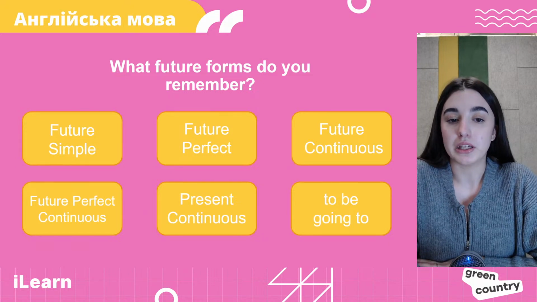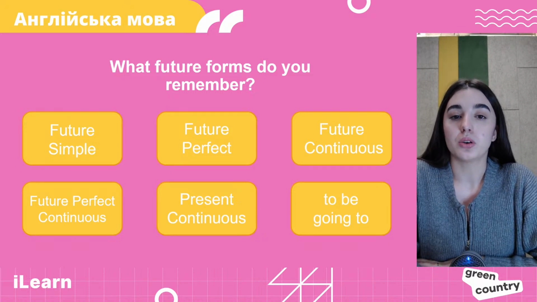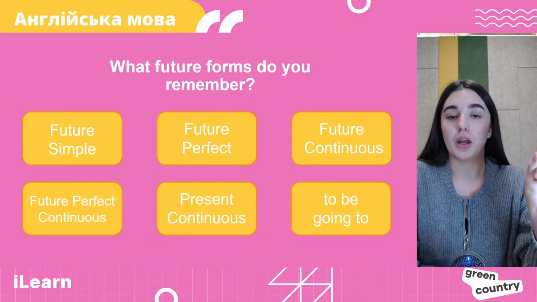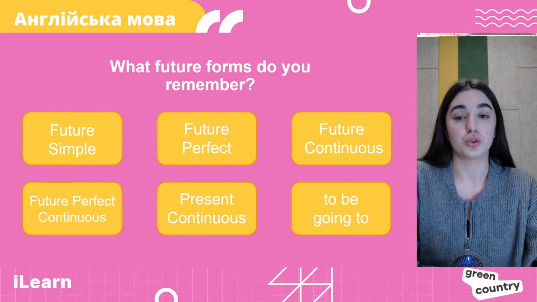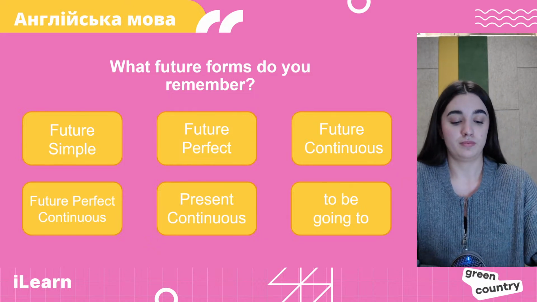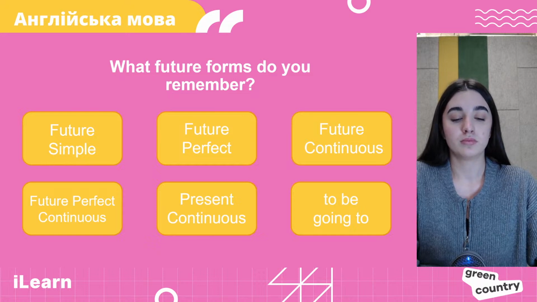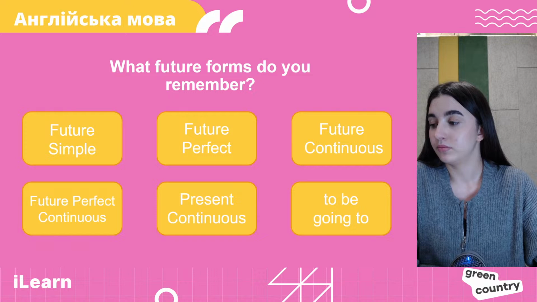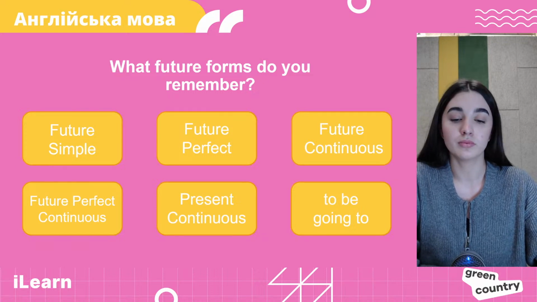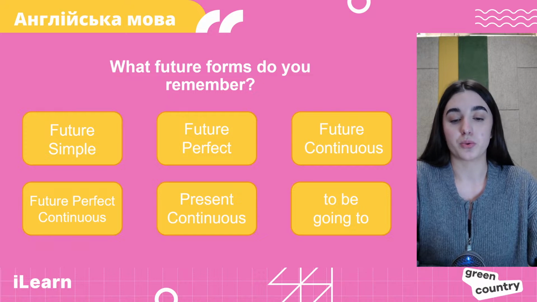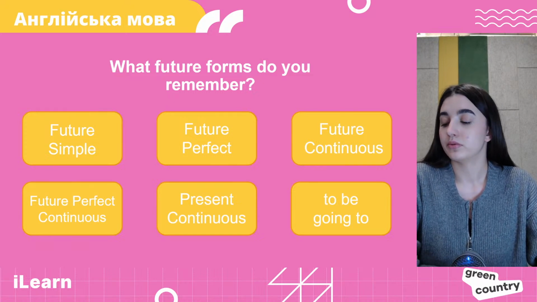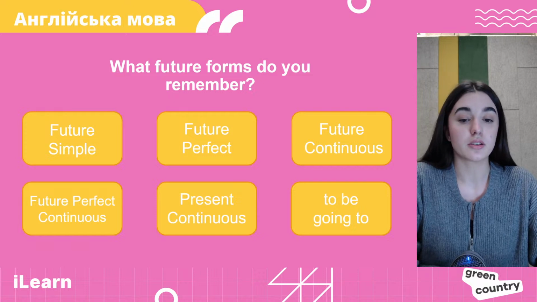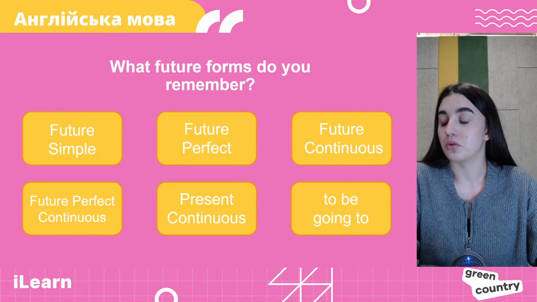So, tell me please, do you remember what is one more tense that we can use to talk about future? Maybe you remember, it was one more tense. Yeah, well, it is future simple, so you are correct.